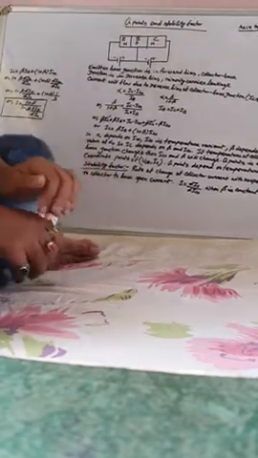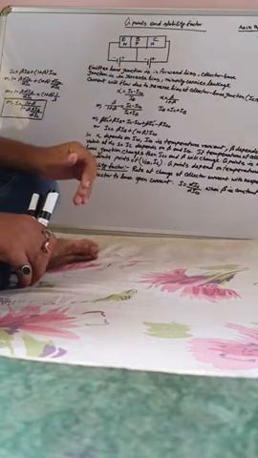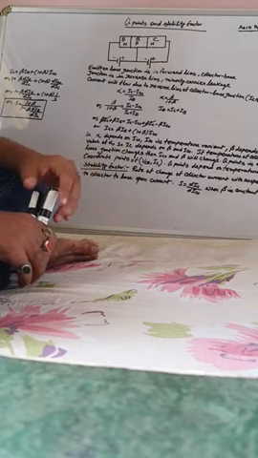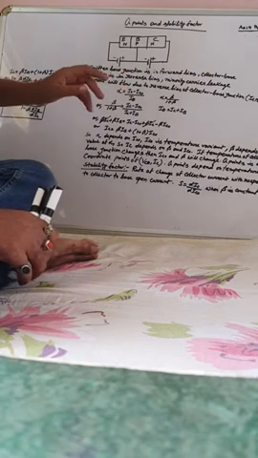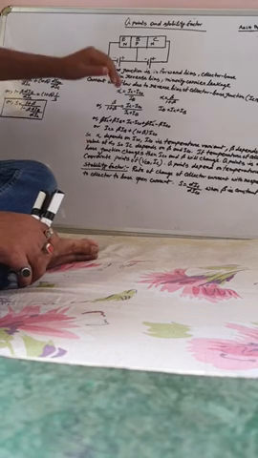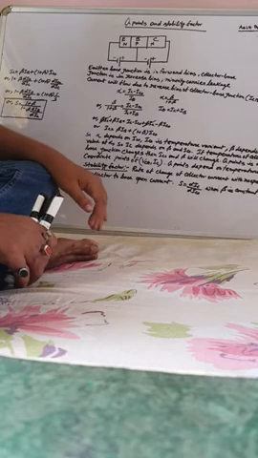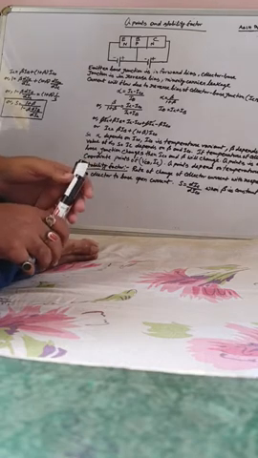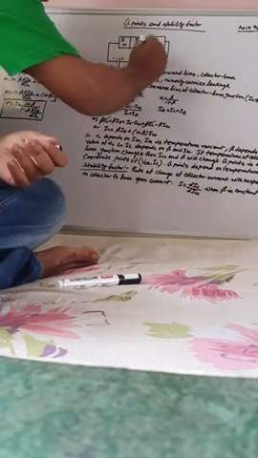So, in this part, in reverse bias, the minority current will flow, a very small amount of current will flow due to minority carrier leakage current, that is in this direction.